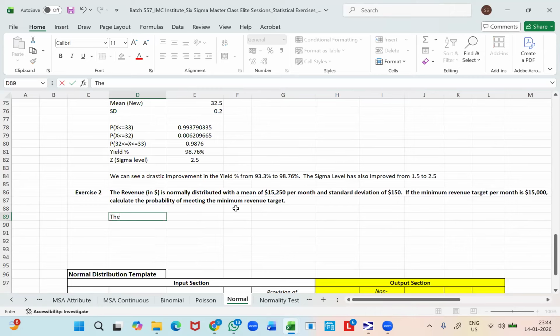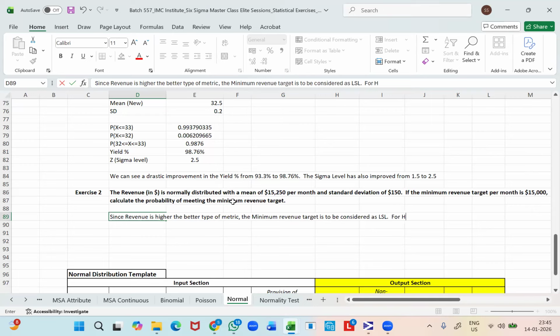So the minimum revenue target is to be treated as, since revenue is a higher the better type of metric, the minimum revenue target is to be considered as LSL.